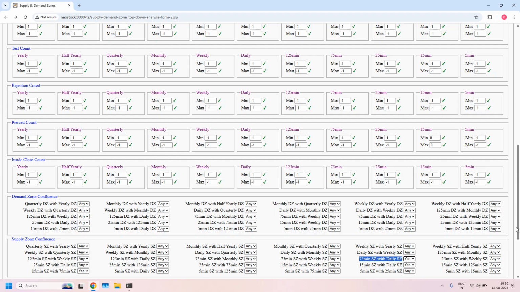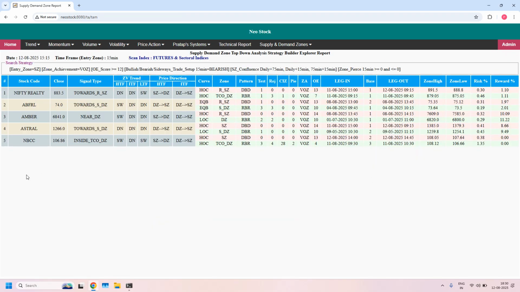With all 3 filters, we got 5 stocks. In these 5 stocks, the 15 minute supply zones overlapped with the 75 minute supply zone, and both together again overlapped with the daily supply zone. And the daily trend is down in only 2 stocks.